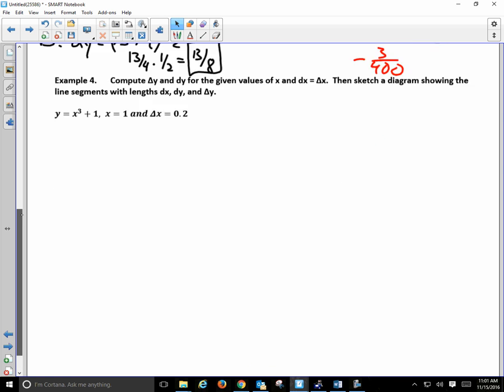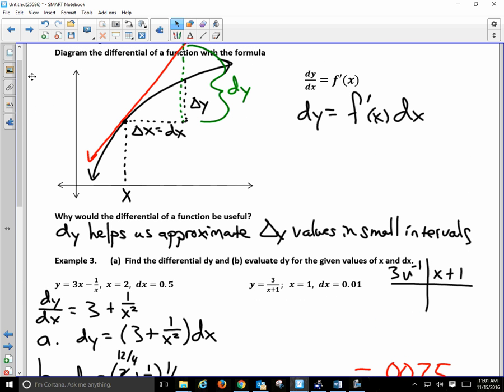What dy means is this. I'll give you the example that we're going to do on the next page. Let's say that x is 64, and the function f of x is the square root of x. Then if you plug in 64, what's the output going to be?